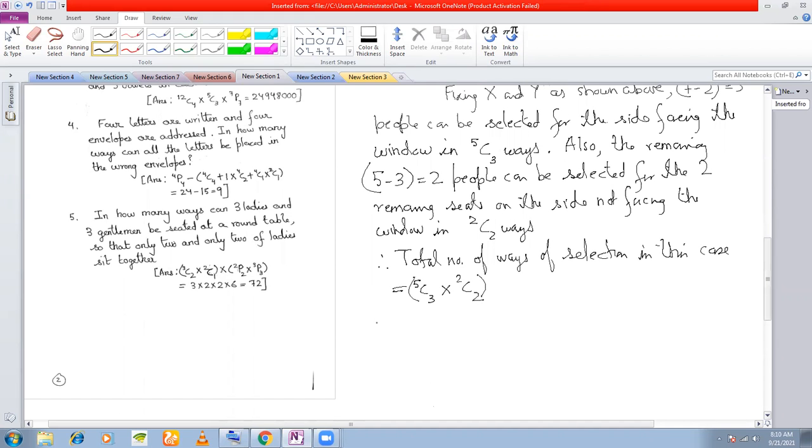So what is the total number of arrangements in this case? The number of selections, 5C3 into 2C2. Now what?